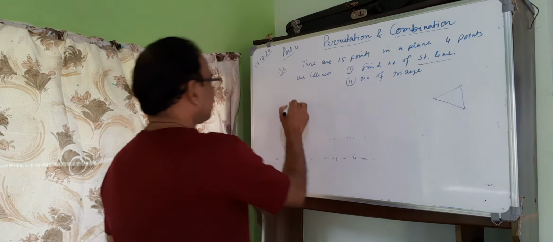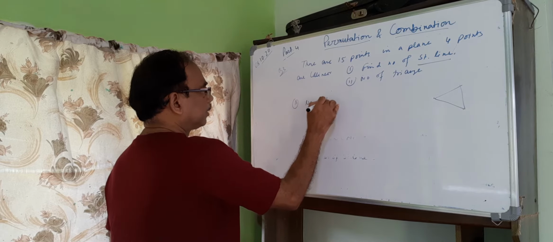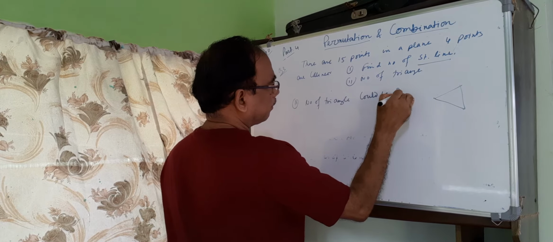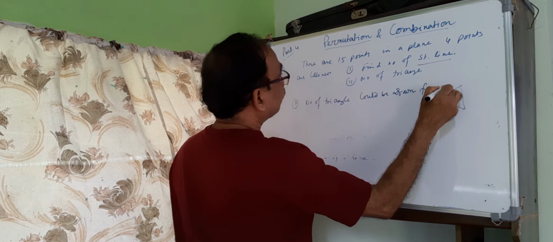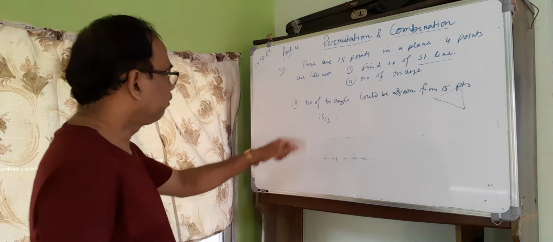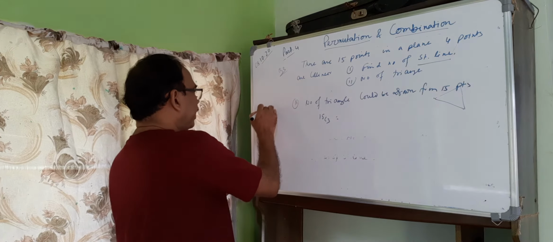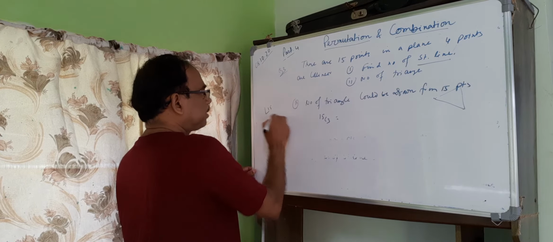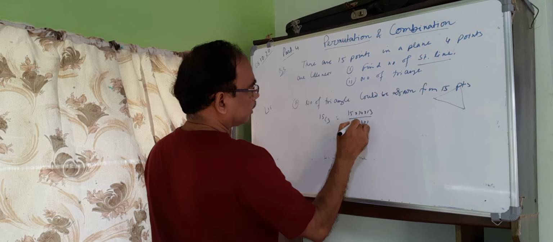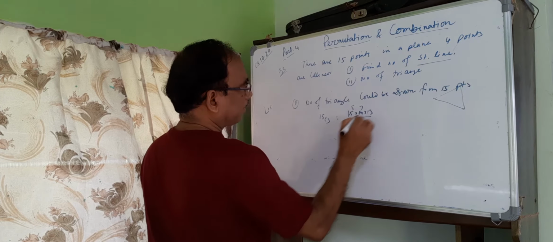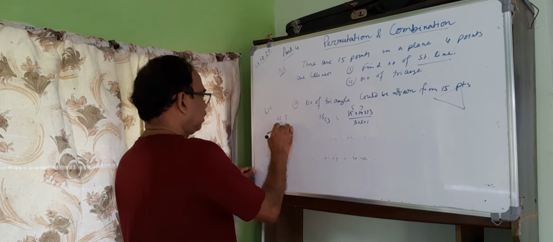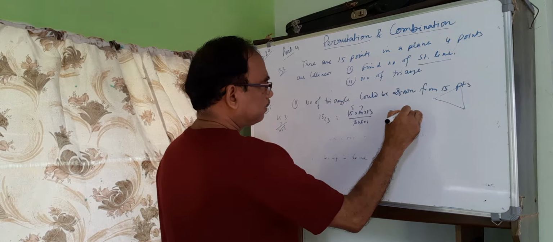The number of triangles that can be drawn from 15 points is 15C3, because from 3 points you can draw a triangle. 15C3 means 15 into 14 into 13 by 3 into 2 into 1. 3 5s are 15, 7. 65 into 7. 455. That is the number of triangles is 455.